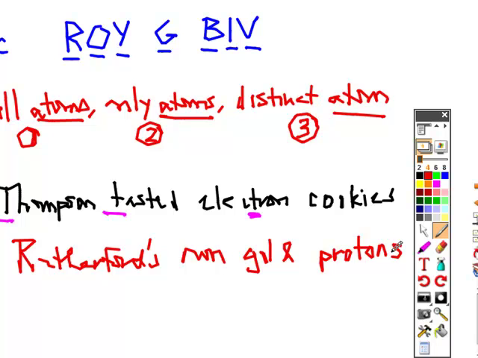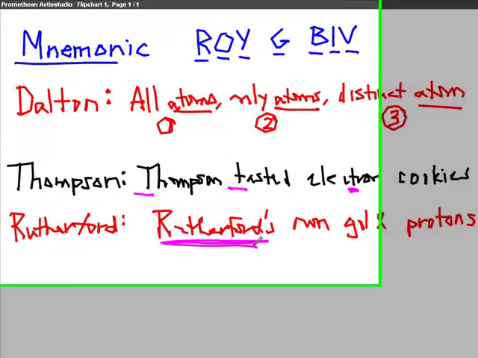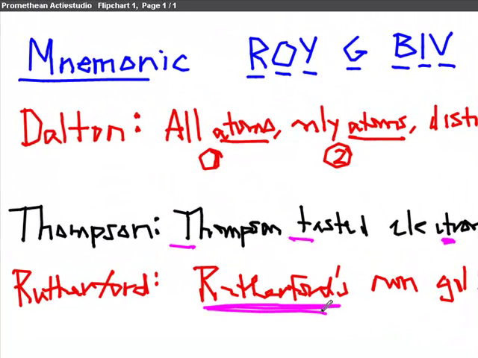Now we came up with this mnemonic because Rutherford reminds us of a very old, bureaucratic, rich family's name, like the Rothschild family, or there's a couple other families with similar names.